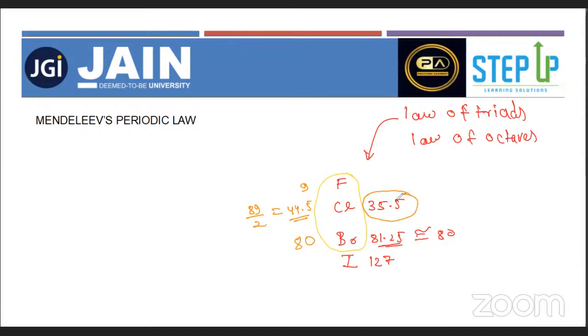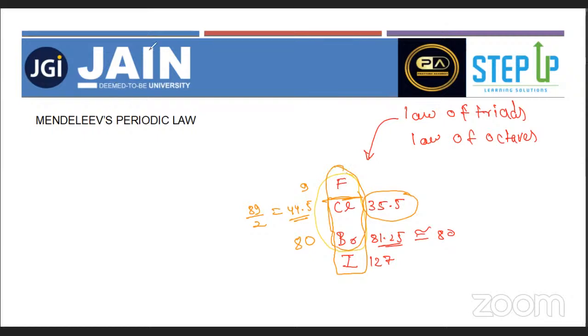So Dobereiner's own law was being discarded within the same group. Some three elements follow it, but the initial three elements do not. Because of this, his own law was discarded right from the start.